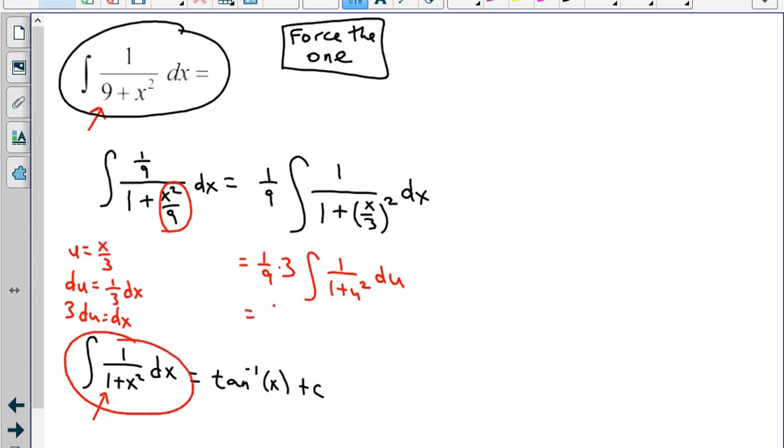So this equals 1/3 times arctangent of u, and u was x over 3, plus c. So that is the answer to the second problem.